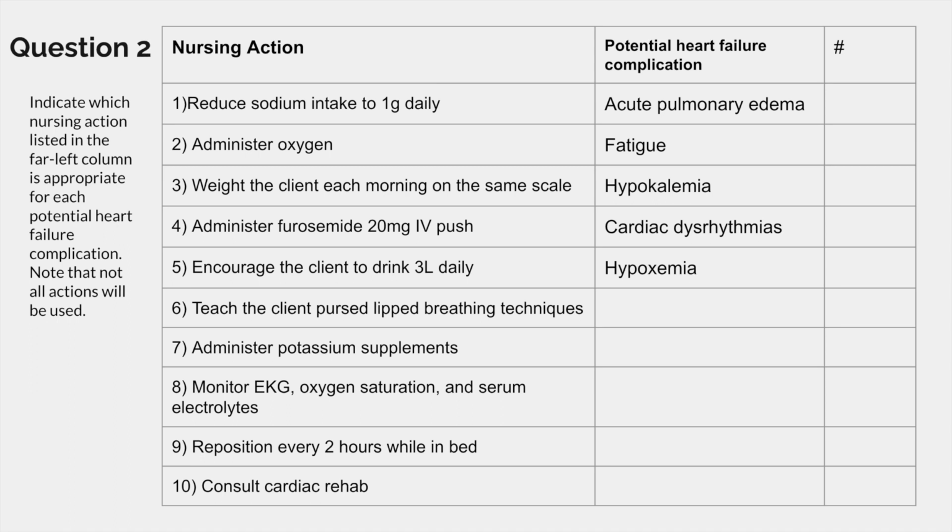Alrighty, so the next question is: indicate which nursing action listed in the far left column is appropriate for each potential heart failure complication. Note that not all actions will be used. So for example, for acute pulmonary edema, what kind of nursing action would you do? You can read through the nursing actions and select one of the 10 and write the number, and then do that for each of these potential heart failure complications.